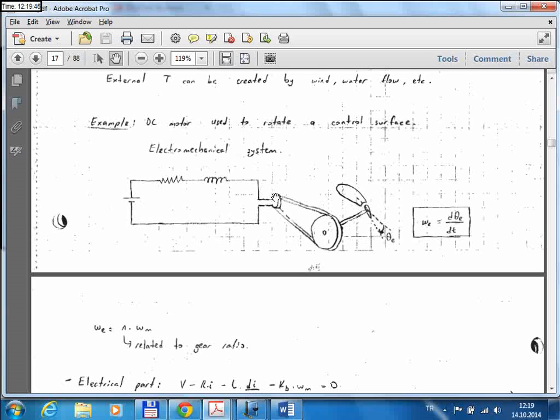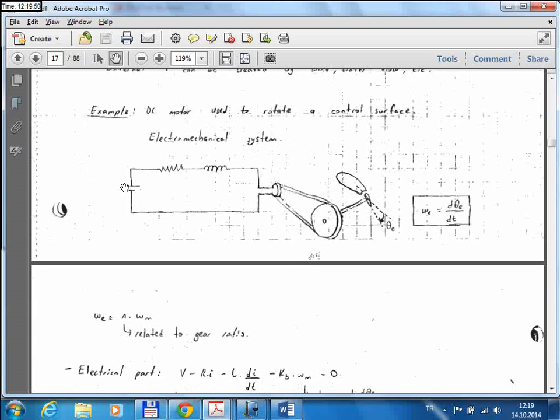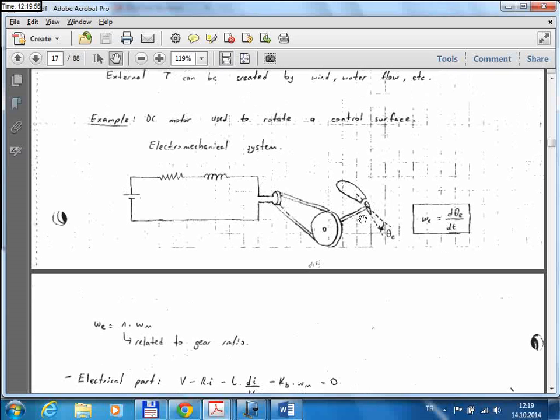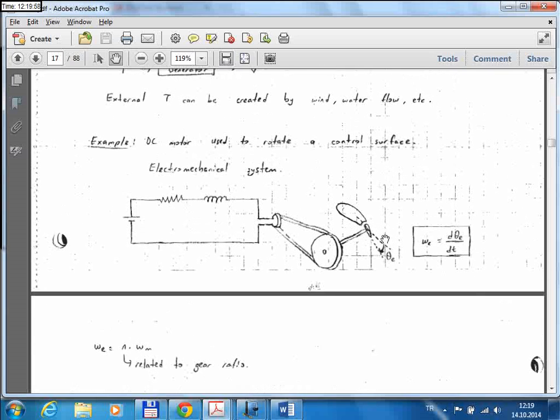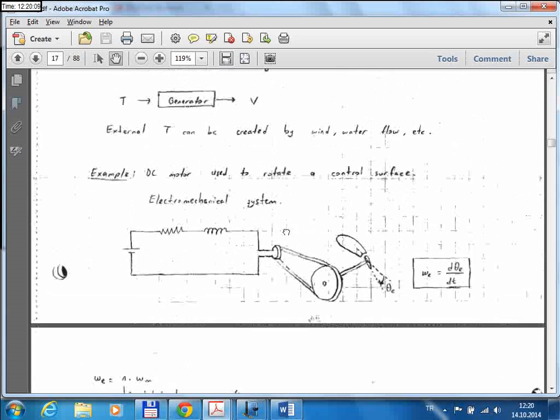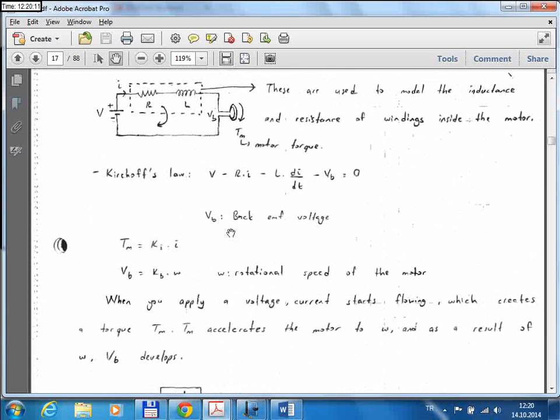So that means if you rotate the motor here by applying voltage, that will directly change the control surface deflection. So if I define the angle here as theta, the speed of theta, which is d theta over dt, will be the omega, and this is the same omega that we should use in these equations, right?